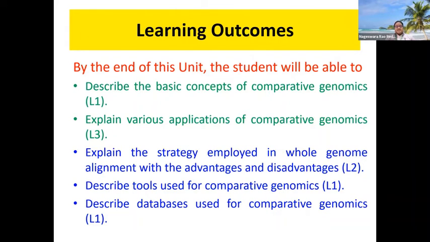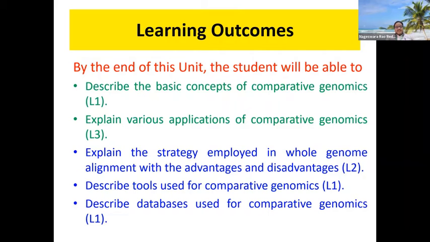The first one is the concepts of comparative genomics, and the second is the wide applications of it. Why are we trying to learn comparative genomics? Because it has wide application. Comparative genomics applications are broadly divided into three categories: medicine, agriculture, and research.